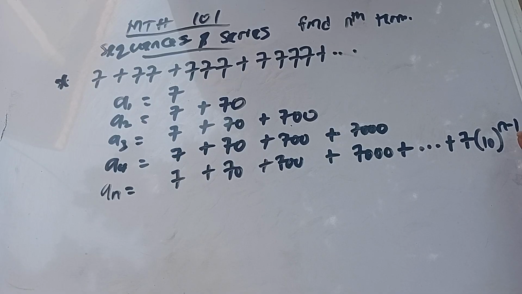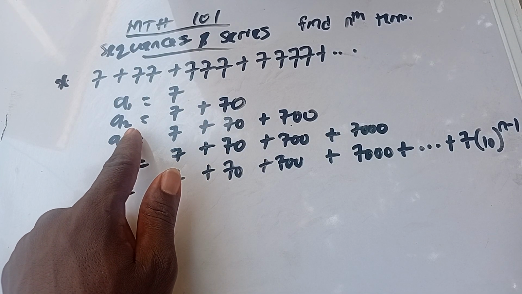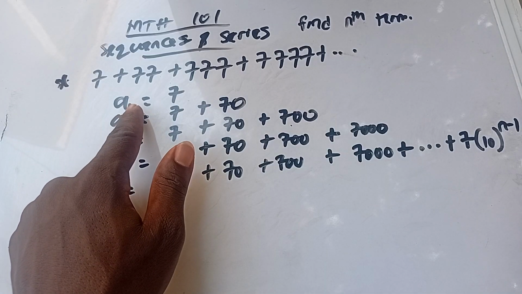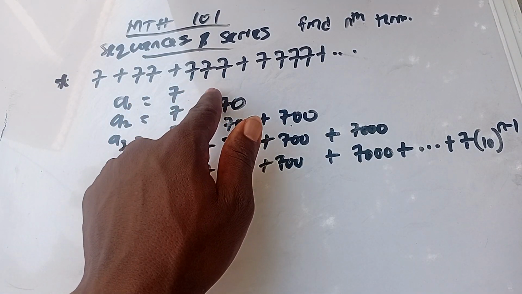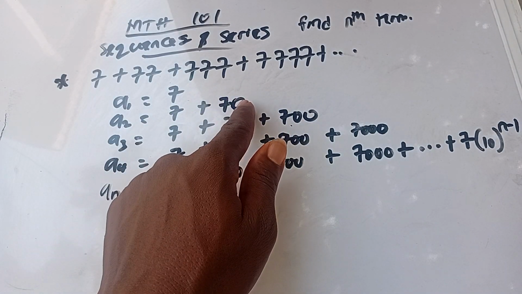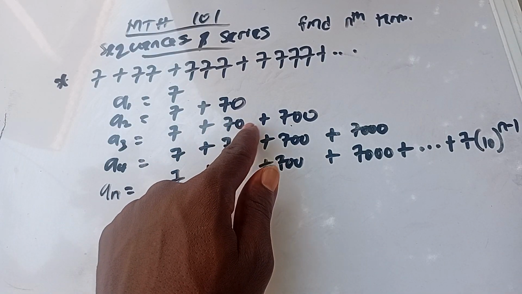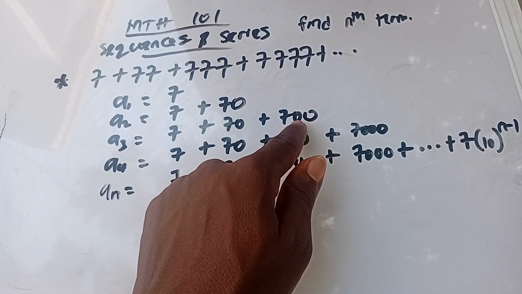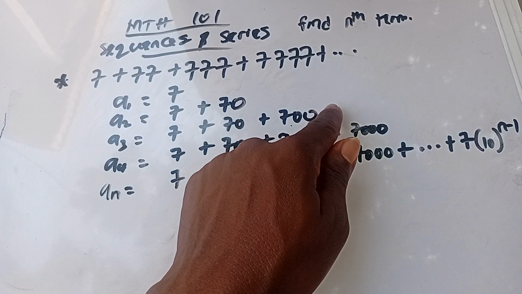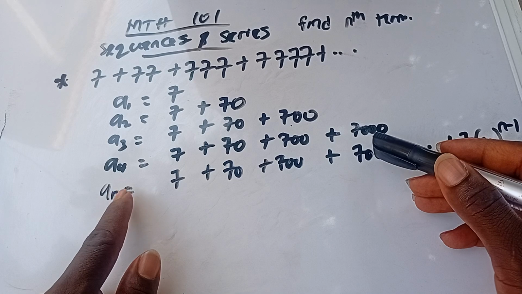Why n minus 1 and not n? Now listen, when you are at A1, if you want to multiply by 10, it will carry a power of 0. When you are at A2, this will be 7 times 10 raised to power 1. At A3, 7 times 10 raised to power 2 will be 700, so the power of 10 will be 2 for A3. A4 stops at 7 times 10 raised to power 3.